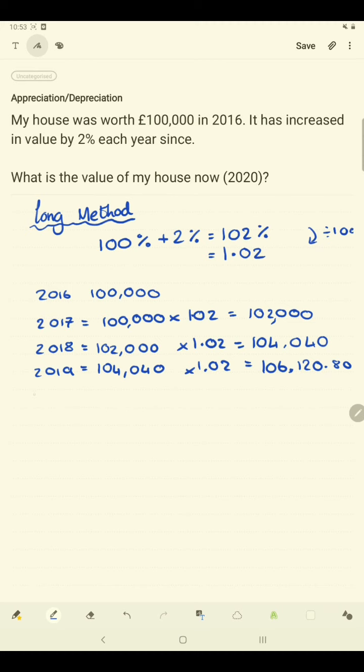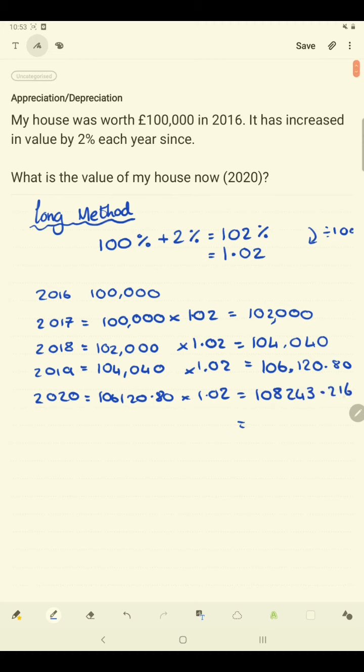And we've got one more to do, so we can find out the value of the property in 2020. The value of the property in 2020 is going to be 106,120.80 times 1.02 equals 108,243.216.